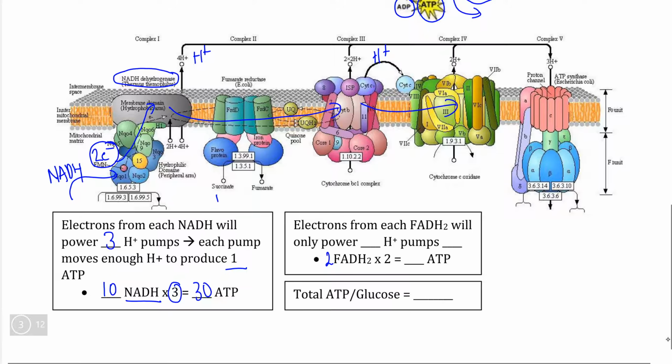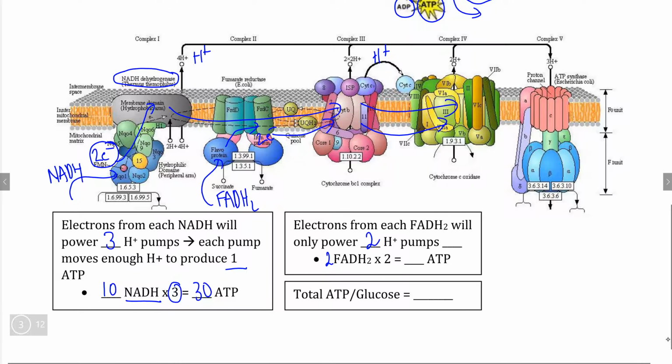However, with FADH2, this is not true, because its structure is not able to fit into the active site of NADH dehydrogenase, and we can see that the 2 electrons transported by FADH2 do not stimulate the first H+ transport protein and only stimulate the second 2.